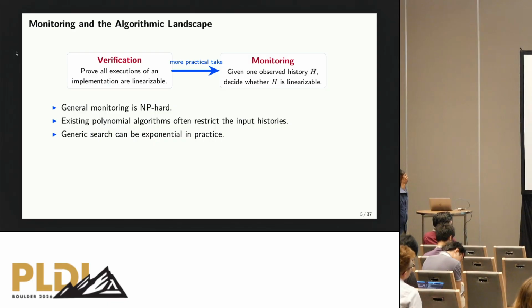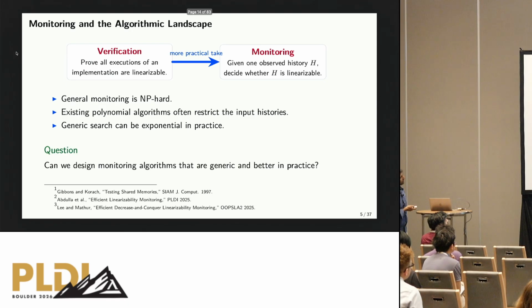As I said, the general problem of linearizability monitoring is an NP-hard problem. And this hardness result applies to very simple specifications like register specification. And very recently, there have been some works on coming up with restrictions on the kinds of histories that you have, so that you can get polynomial time algorithms.